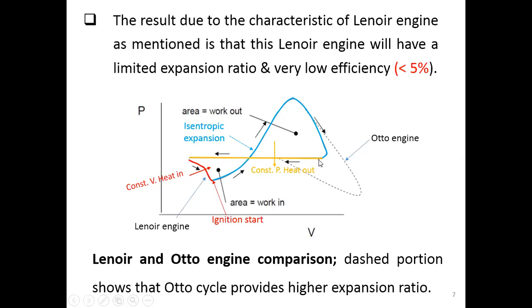You see the reduction of the volume here in order to push the exhaust out. So this colored line represents the actual diagram of the Lenoir engine.